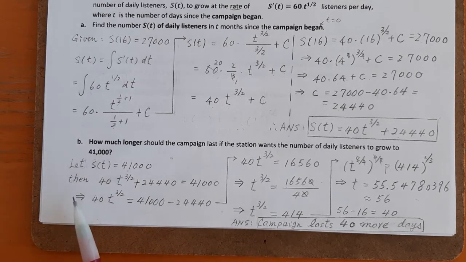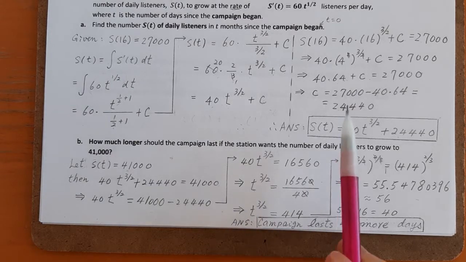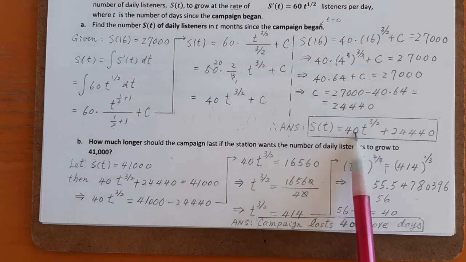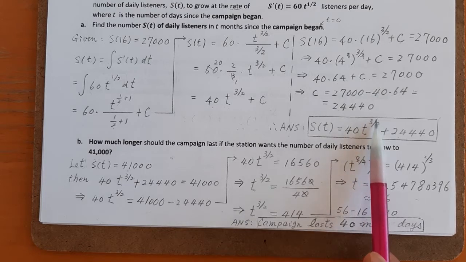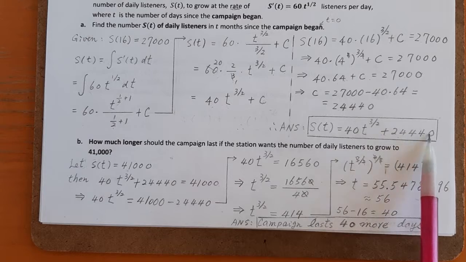So you let S of T equal 41,000, then you can solve for T and find out how many days. S of T is 40 T to the power 3 over 2 plus 24,440.